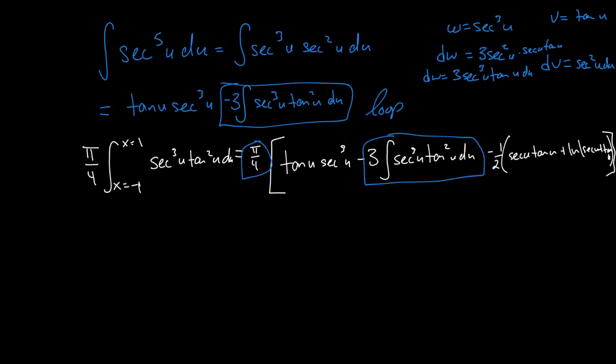And then you would keep going and trying to solve for the secant cubed term, and then you would plug in and evaluate after you went back in terms of x what you would have for this integral. But I will say this turned out to be way overcomplicated for what we really want to do and show.